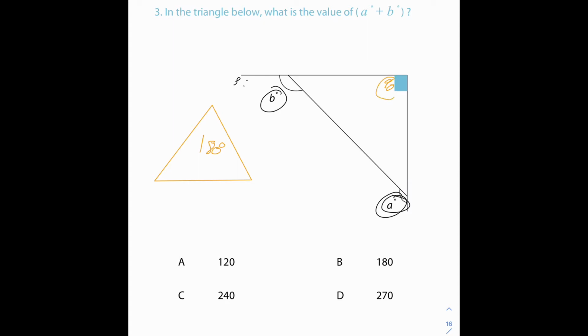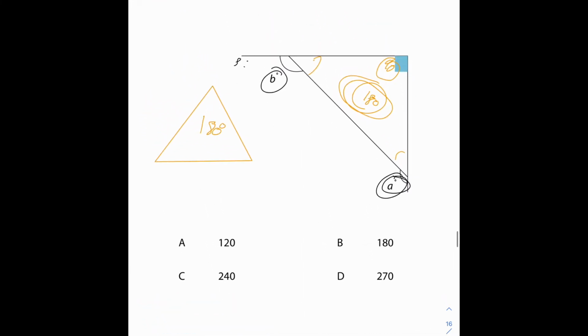So if we have 90 here, we need to have two angles here such that all of this combined gives you 180. That means the other two angles must sum to 90, so 90 divided by 2. Do you see why? Of course, this could be like 30 or 40 or whatever.